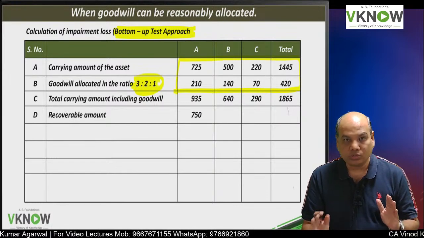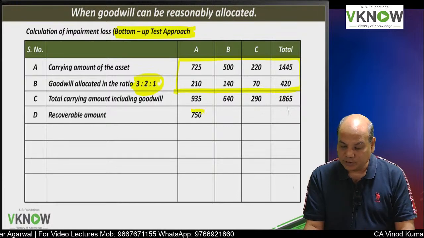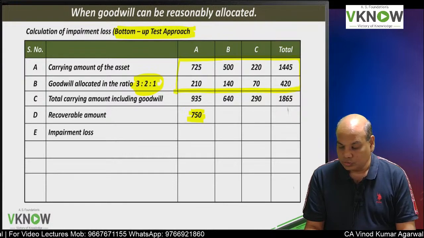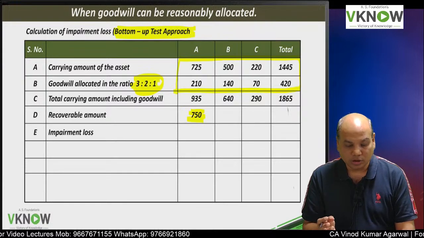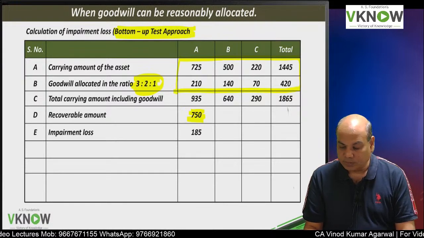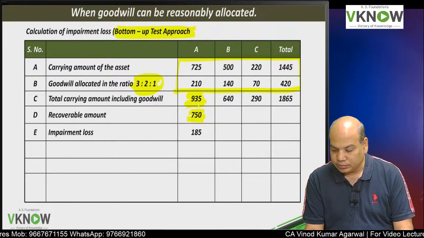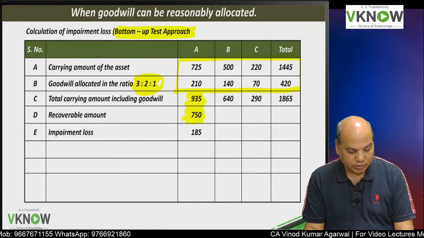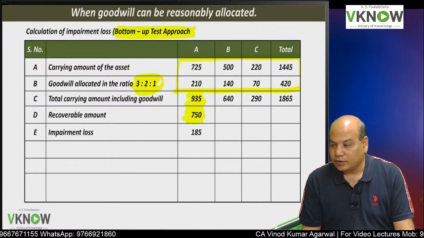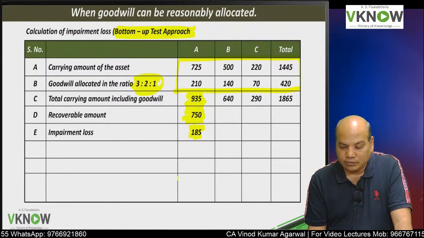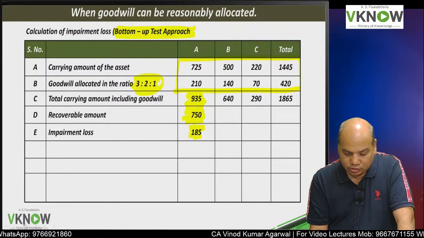So you are going to write the recoverable amount of unit A only. B and C are not given. If not given, you can't do anything. Then impairment loss. Compare 935 with 750, 185. You are getting 185 impairment loss.